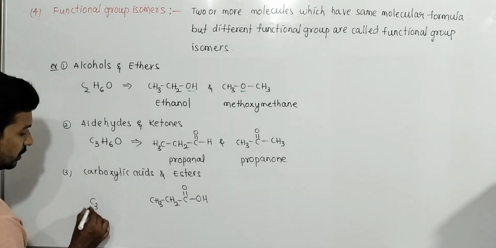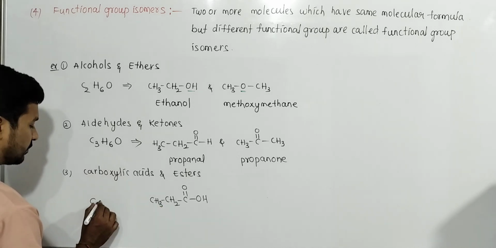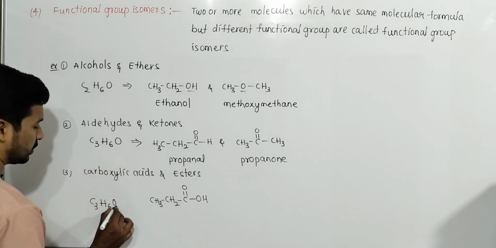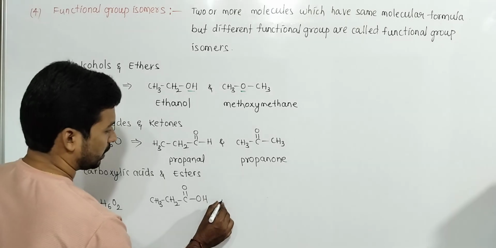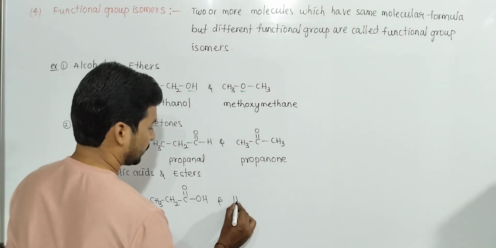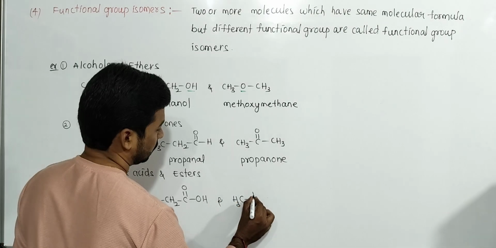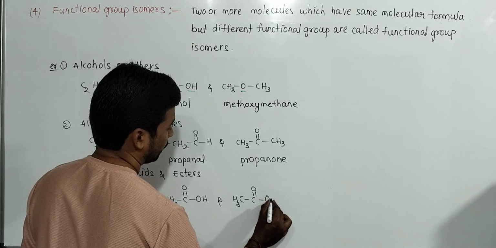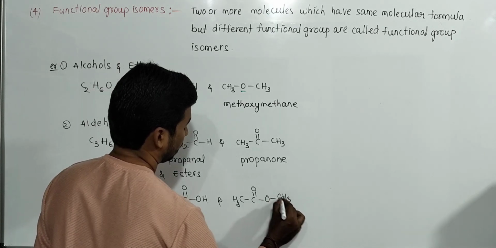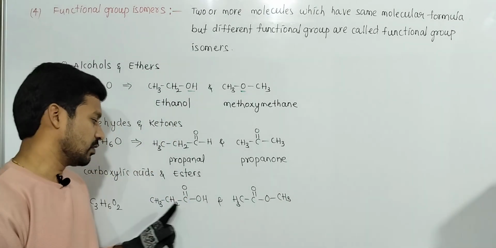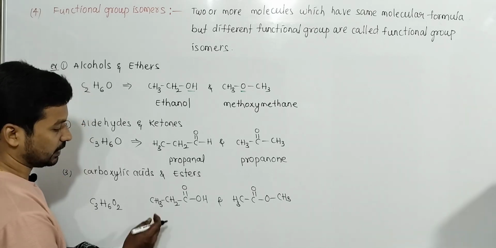Number of carbon atoms: 3. Number of hydrogen atoms: 6. Number of oxygen atoms: 2. With the same molecular formula we can also write an ester, CH3 C double bond O OCH3, that is COO, ester, or COOH, carboxylic acid.